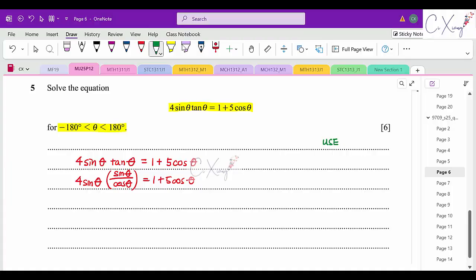You have to apply some identity to change your whole equation to a single trigo. There are 2 identities in our AS syllabus that we use very frequently. The first one is tangent theta equals sine over cos. Then another one is sine square plus cos square equals 1.